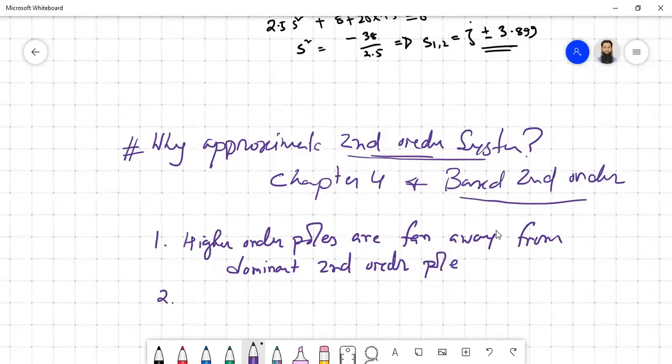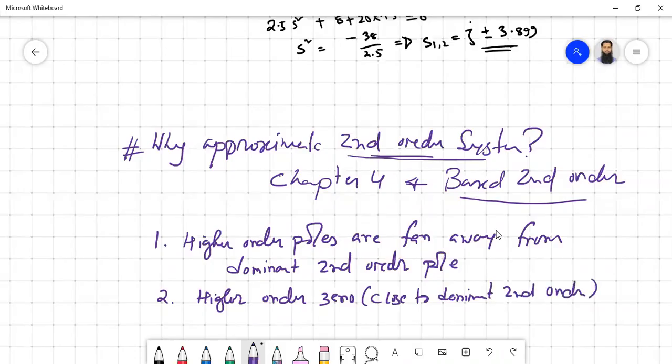Number two, higher order zeros will be cancelled by higher order poles. So a higher order zero may be close to a dominant second order pole, and it is cancelled by higher order poles.